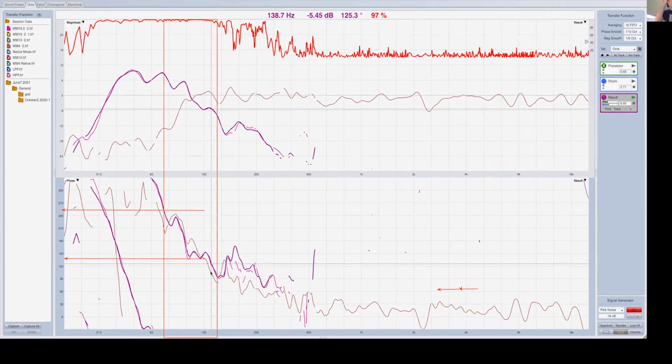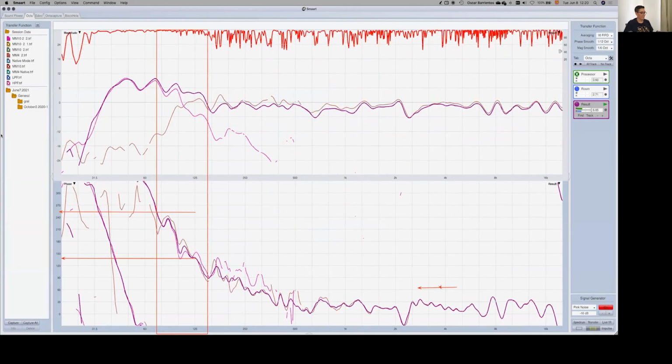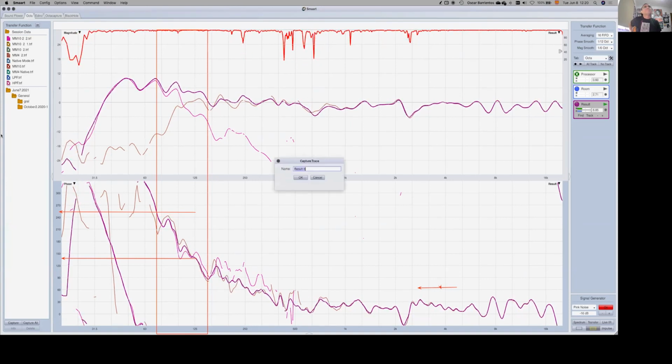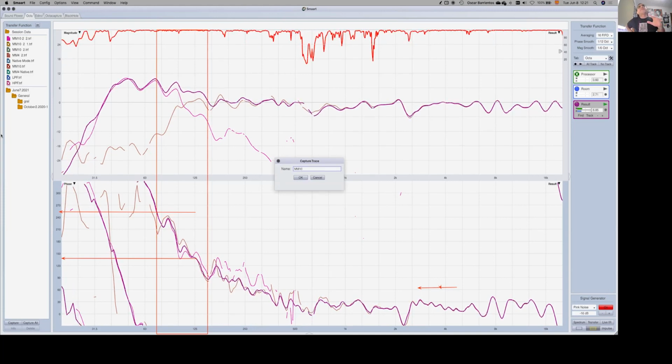And can you do the summation? Yes. By the way, Oscar, we have not shown to the people the capacities of filters, high pass, low pass in the Meyer Sound processor.